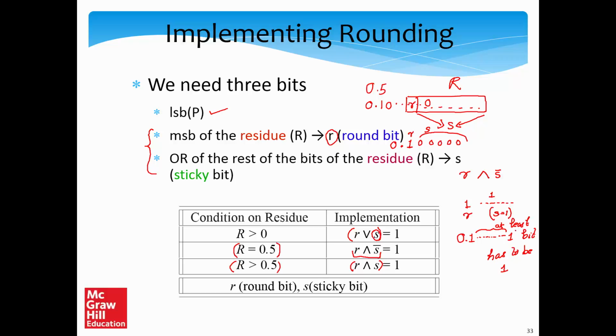And if one of these bits is equal to 1, then their OR is 1, so S is equal to 1. So the condition is R AND S equal to 1. We thus see that keeping the R bit, or round bit, and the S bit, the sticky bit, and just computing them when our output is being created, will help us get all the conditions to implement all the 4 rounding modes.